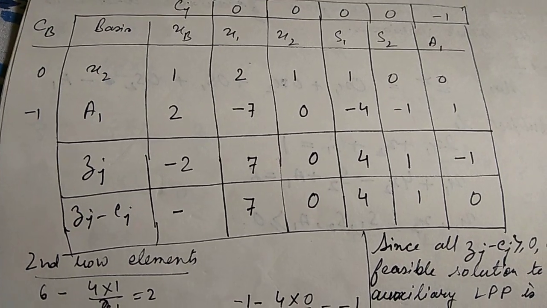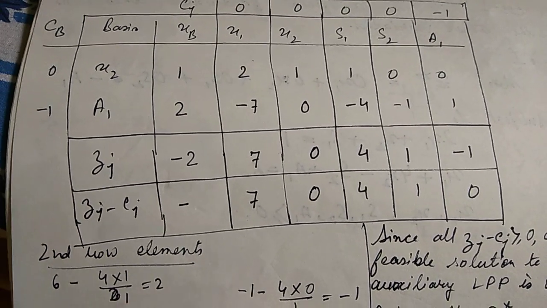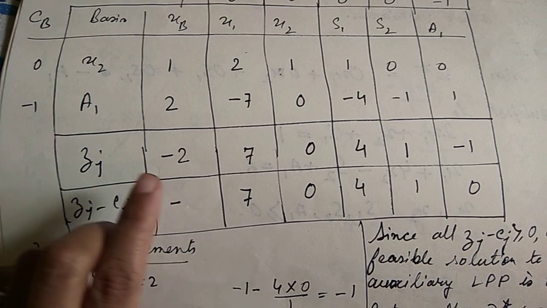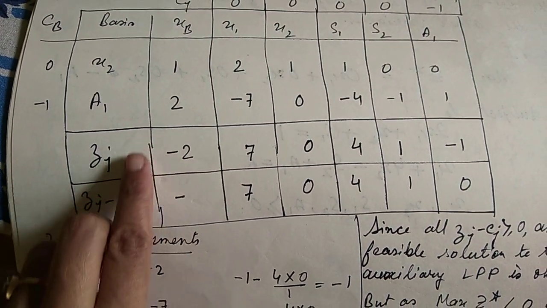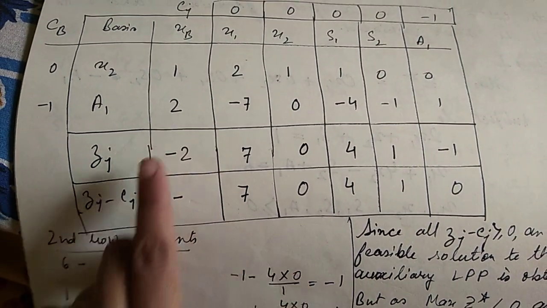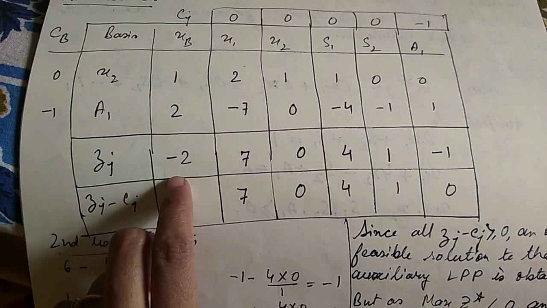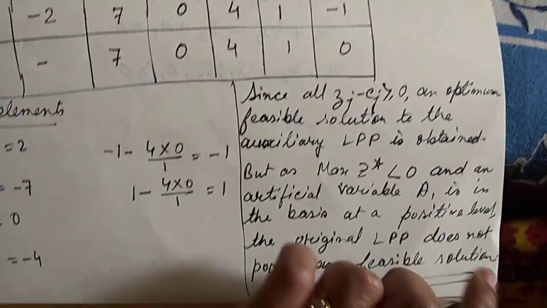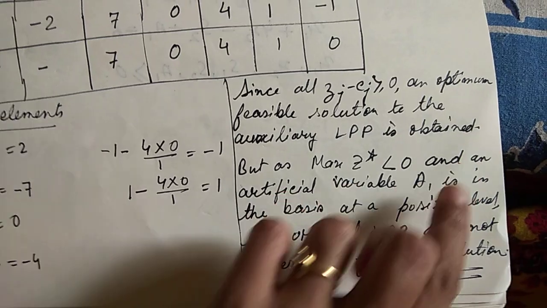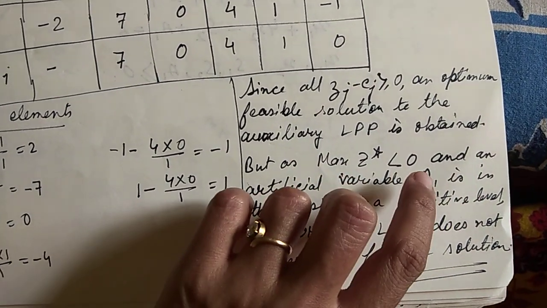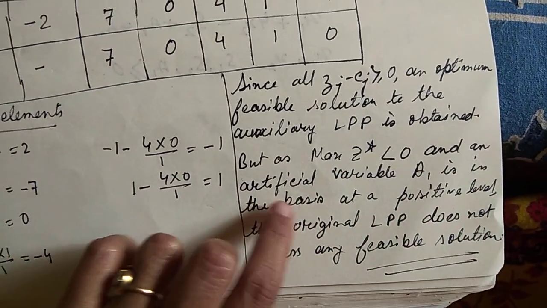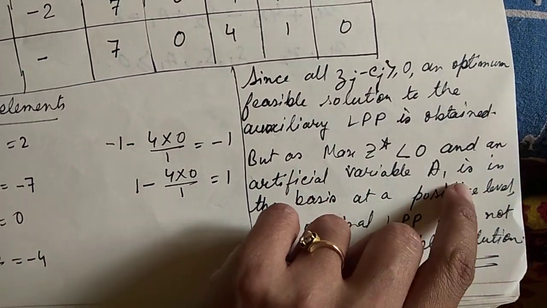The condition for the first point is that max z star is less than 0, and another condition is that an artificial variable a1 is in the basis at a positive level. What does it mean?